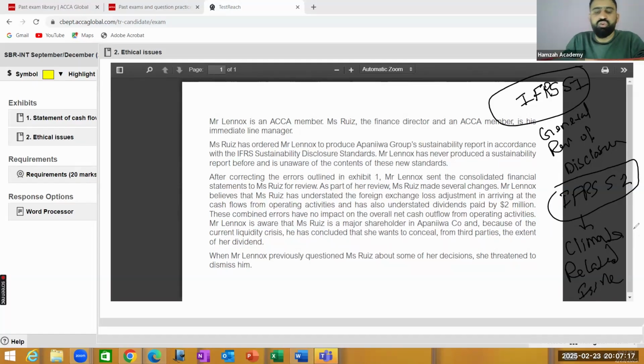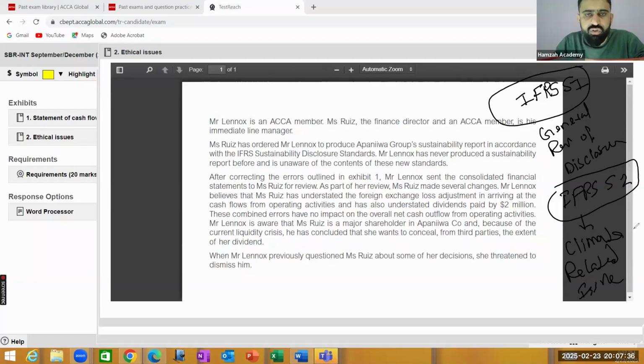So to produce the report on sustainability, Mr. Linonix should have knowledge of IFRS S1 and IFRS S2, the International Financial Reporting Sustainability Standards 1 and 2.